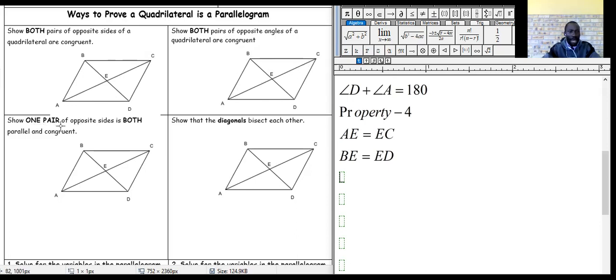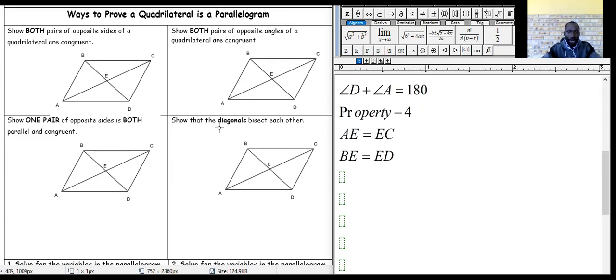Then show one pair of opposite sides is both parallel and congruent. This pair, AB and CD, they are congruent and also parallel. Then BC and AD are also congruent and parallel.